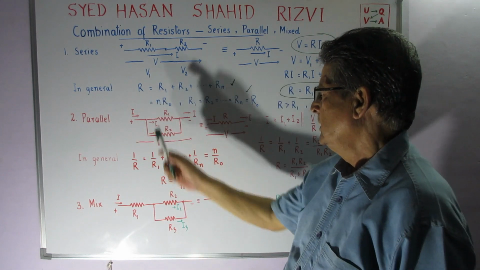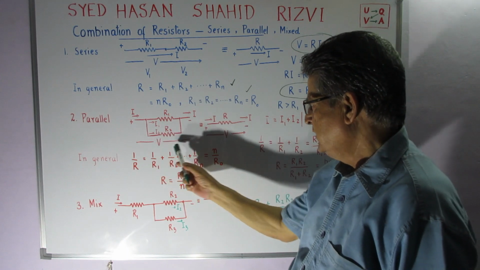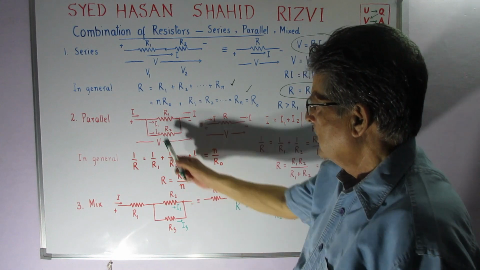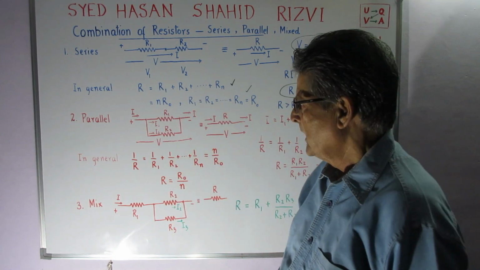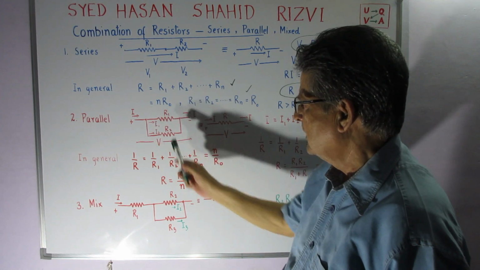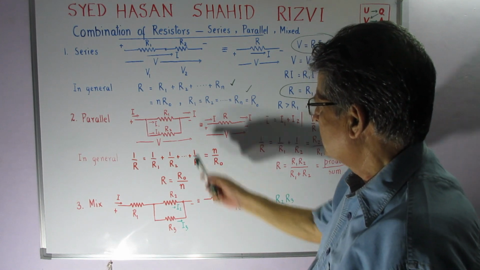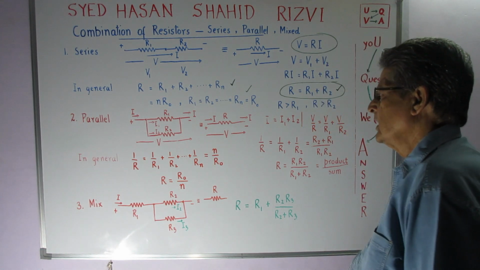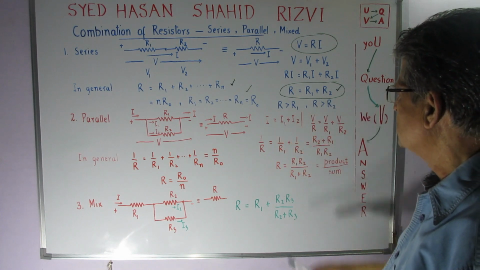So what happens? This current I, here the potential difference across both of them is the same. And the current will be split in two parts. R1 has a current I1 and R2 has a current I2, so that the net current is equal to I again. Okay. Flows in, flows out. And so our argument will be that I will be equal to I1 plus I2.